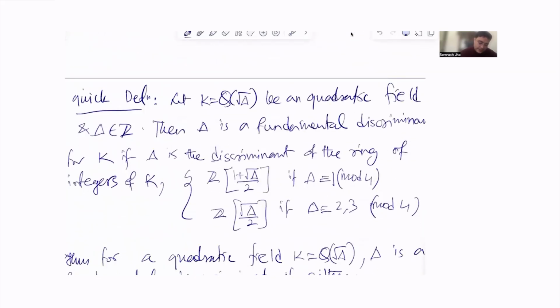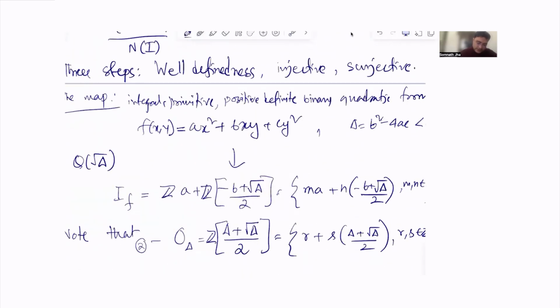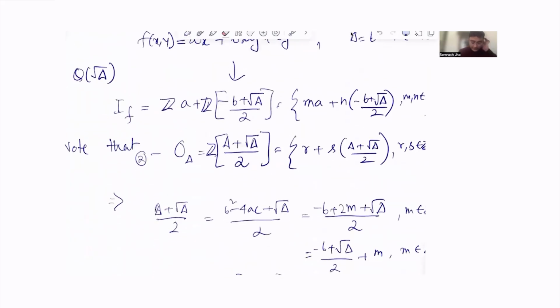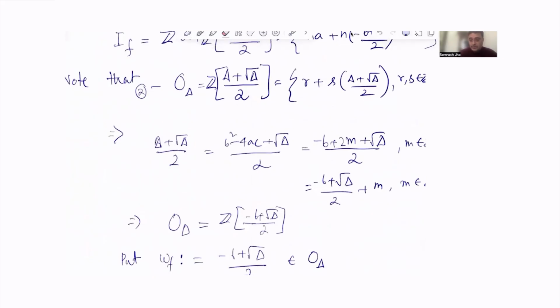So I can write my imaginary quadratic field as Q root delta. Then I am looking at this positive integral imaginary quadratic form with the discriminant equal to that same delta. And then I'm saying that the ring of integers with this choice is Z delta plus root delta by 2. So first I'm starting with an imaginary quadratic field with fundamental discriminant delta, and then I'm looking at a binary quadratic form of that discriminant.